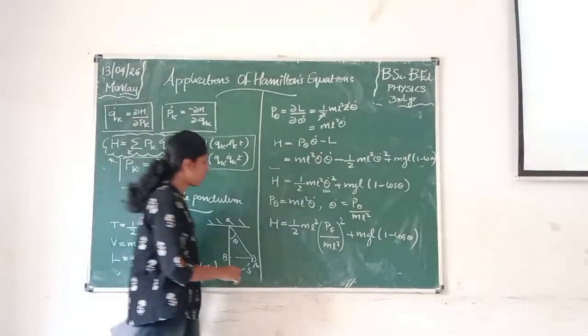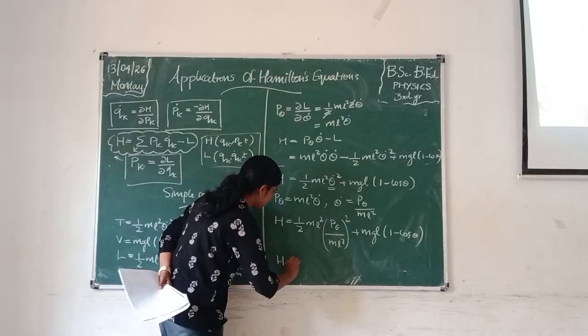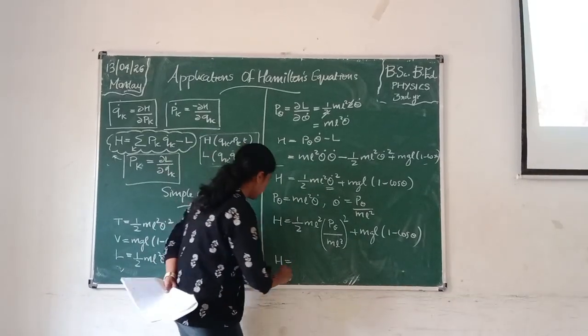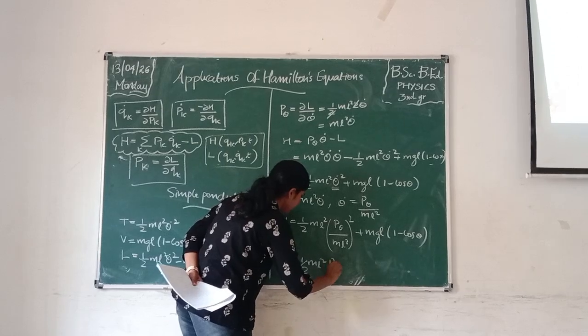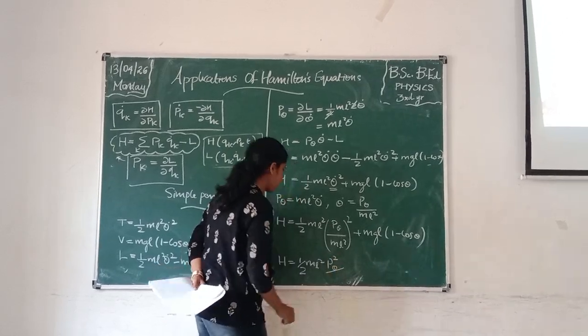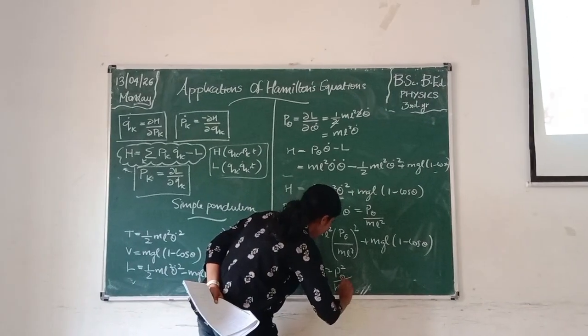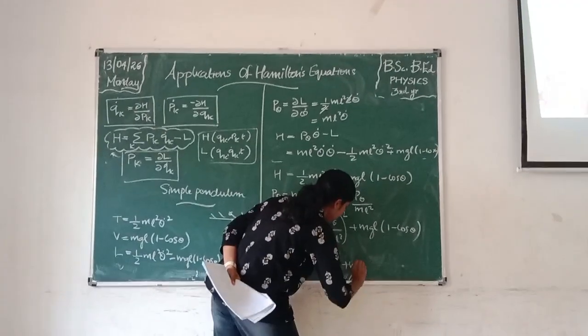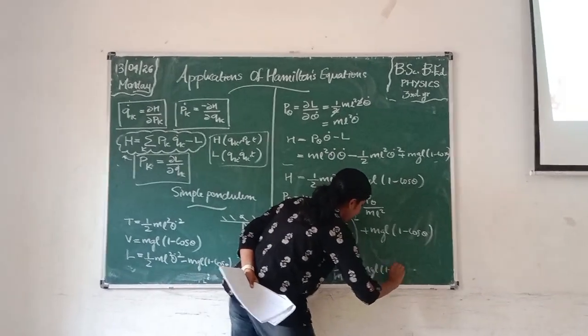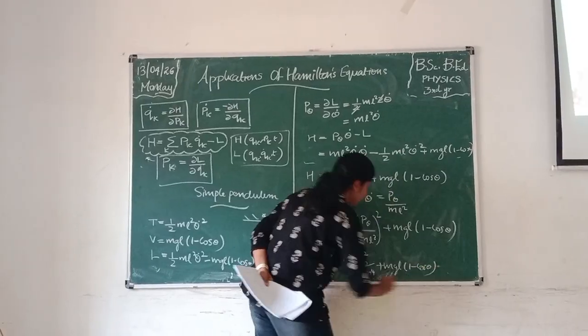So the next step is half m L square p theta square by m square L raised to 4, plus mgl into 1 minus cos theta.